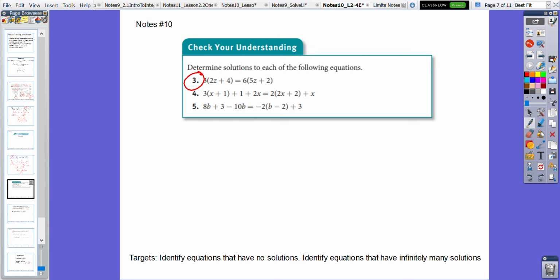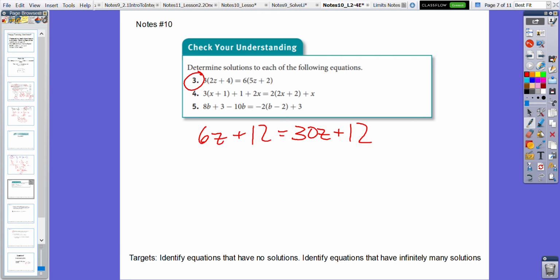I have 3 times (2z plus 4) equals 6 times (5z plus 2). When I distribute the 3 on the left side, I get 6z plus 12. And then I distribute the 6 on the right side, I end up with 30z plus 12. So I'm going to treat this like any other equation.